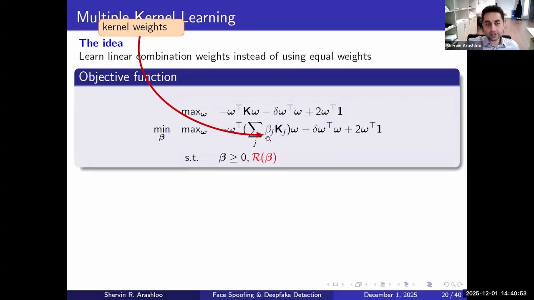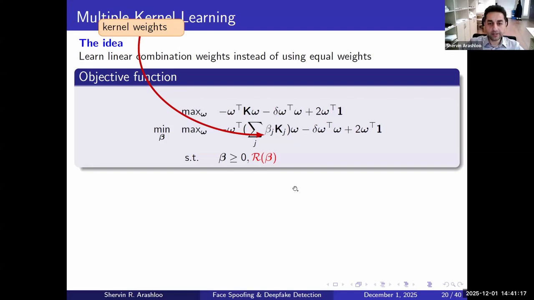This is a well-known problem in the literature, called multiple kernel learning. In the multiple kernel learning problem, it is common practice to impose some sort of sparsity on the beta vector, meaning that some of the elements would shrink towards zero, some of them be larger.